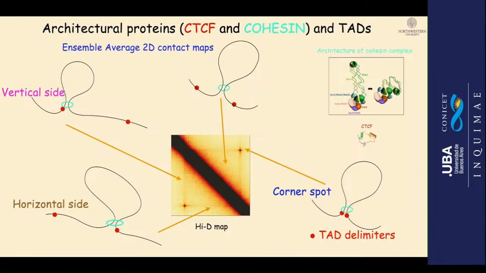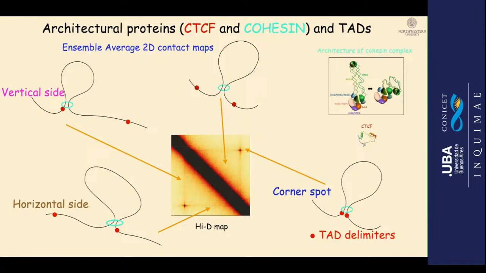CTCF acts as a blocker or stopper that halts the progression of cohesin during loop extrusion. As cohesin translocates along the chromatin, the loop it extrudes grows, reflecting the increasing genomic distance between its two bound sites.